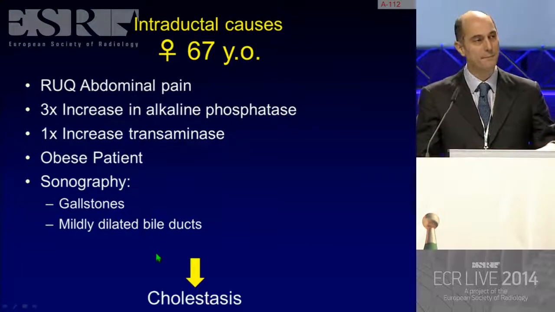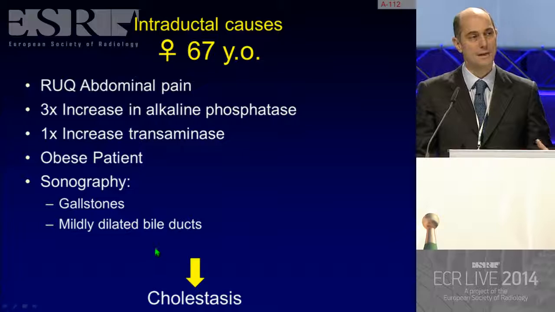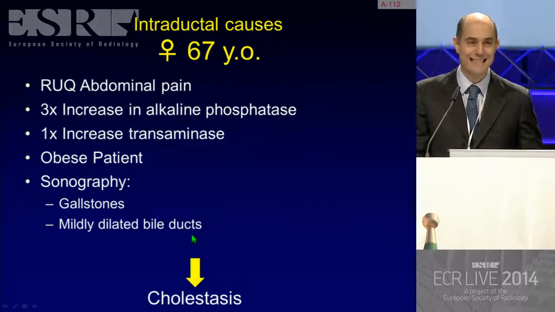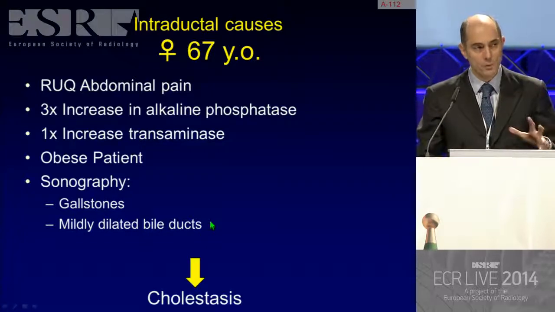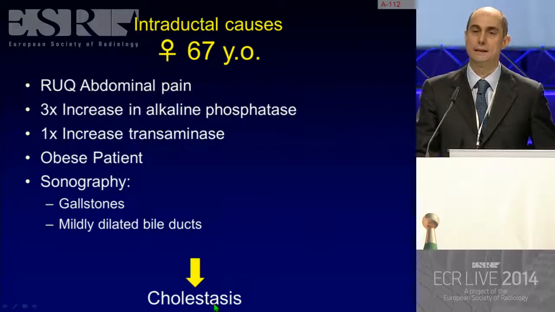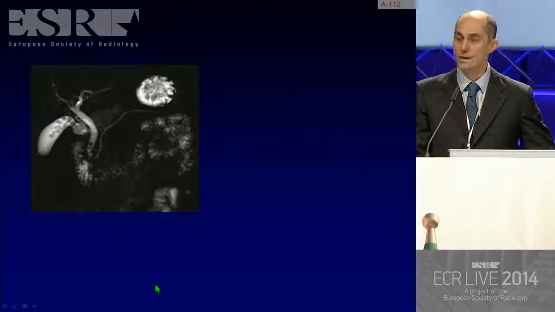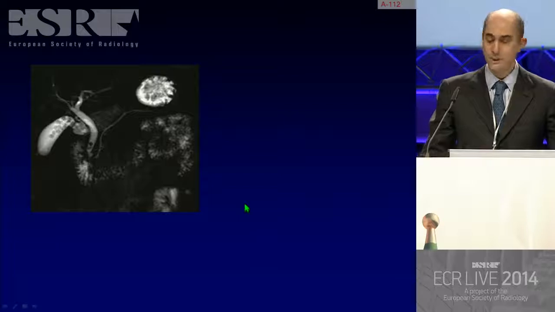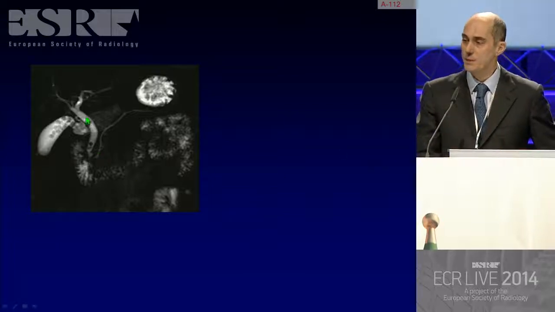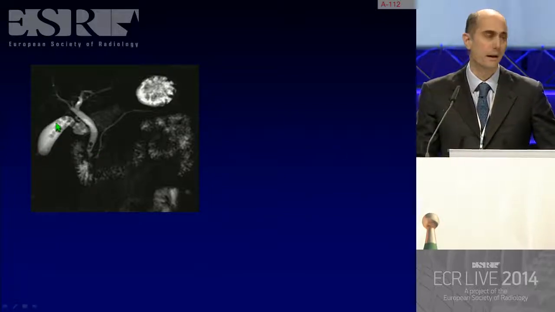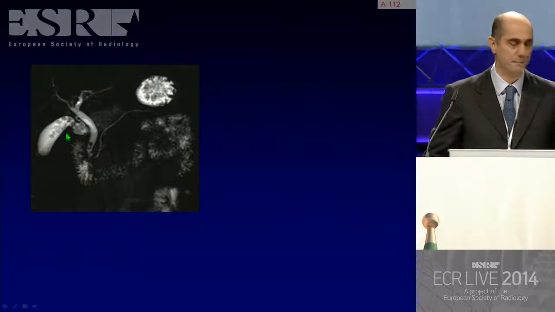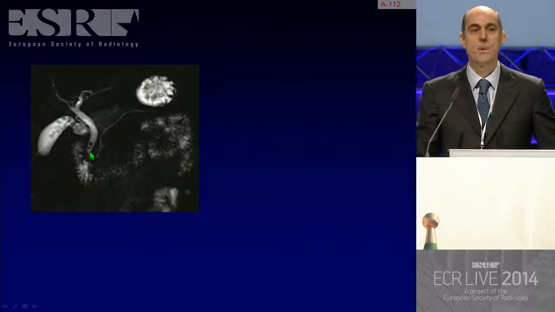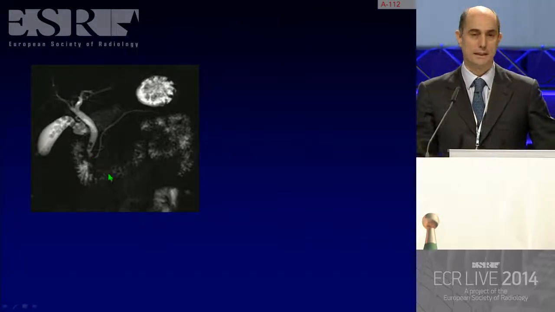With this in mind, the patient did sonography, and so the surgeon wants to know whether there is anything in the bile duct, because sonography was not quite sure about the bile duct. And so we do an MRCP, and in the MRCP, we do see stones in the gallbladder, and we knew it because sonography depicted them, and we see also endoluminal filling defects within the common bile duct.